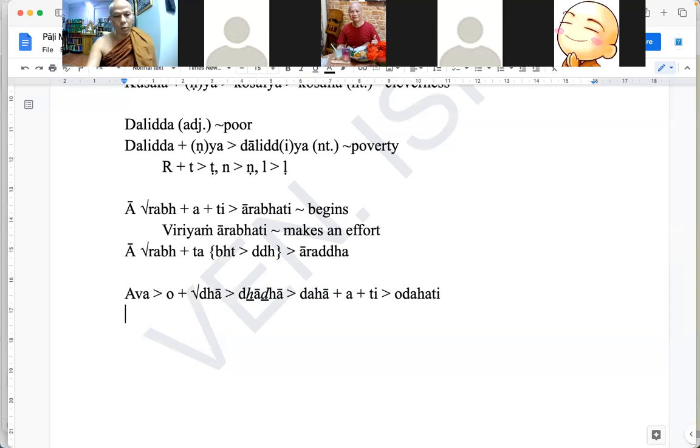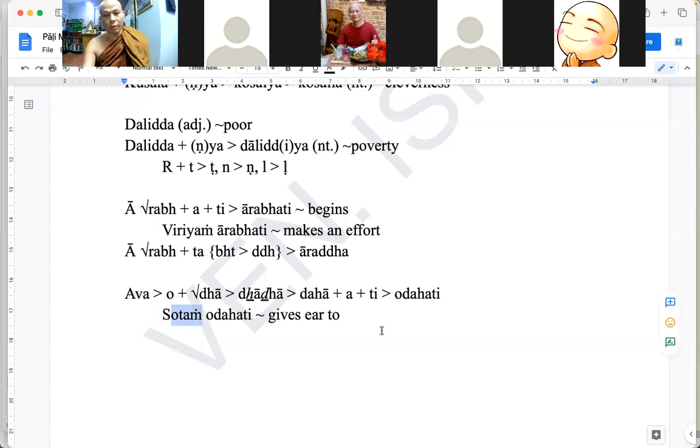This one also, the verb odahati alone cannot mean "gives ear to". It means so with the phrase sotam odahati, "gives ear to", together with sotam, like in the Wilhelm alphabet. The literal meaning of odahati is something like "keeps down".